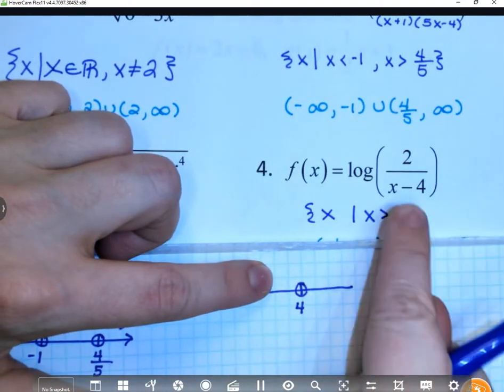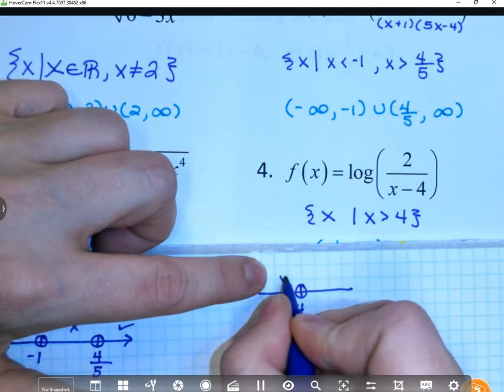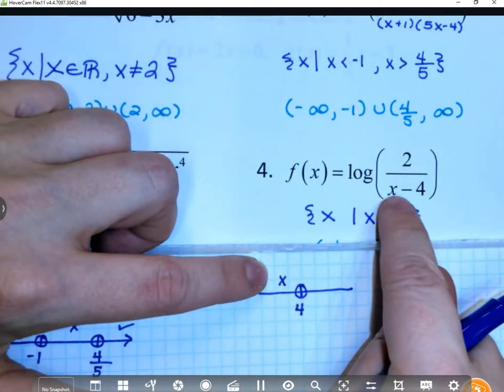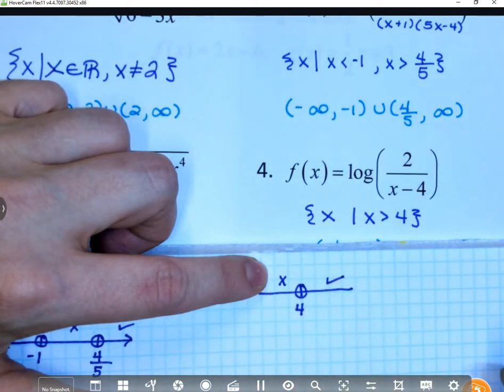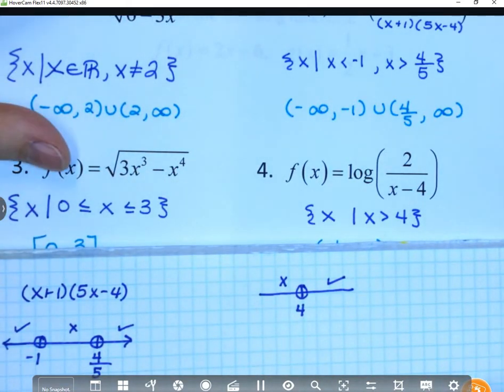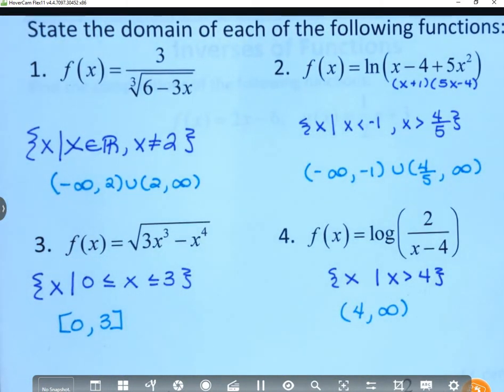If I put 0, that's going to be a negative. Not going to work. 5, that's going to be positive, so that does work. Okay? Take the second to do it visually to make sure that you're on the right track. There's nothing wrong with that.